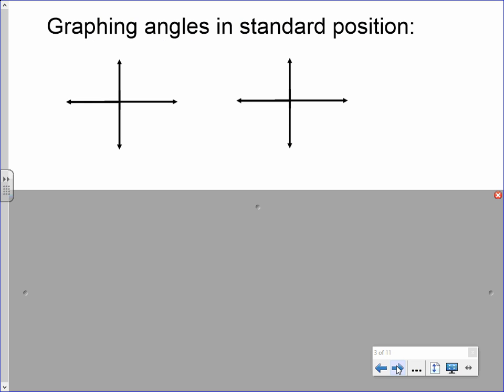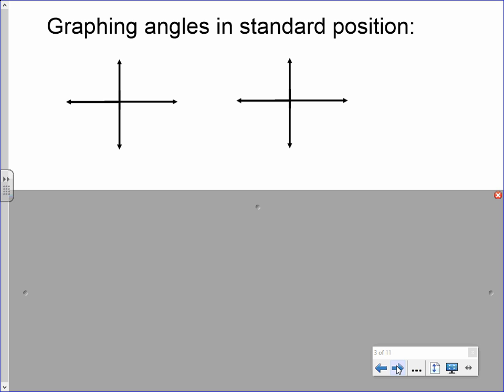All right, let's talk about graphing angles in standard position. We can have angles of any measure. We can have measures 10 degrees, 400 degrees, 5,020 degrees. Basically we have to just keep rotating.